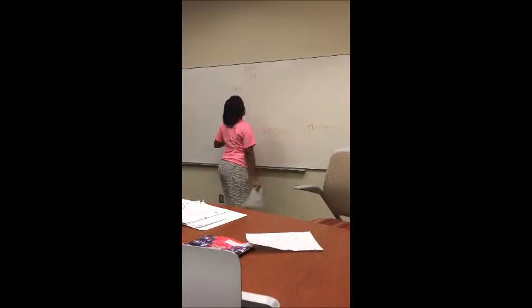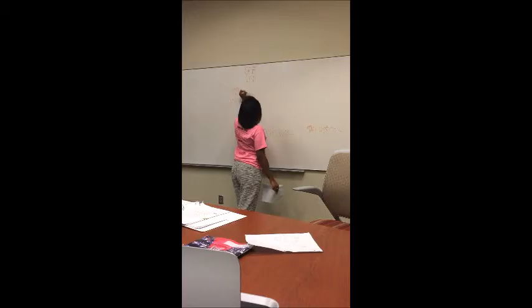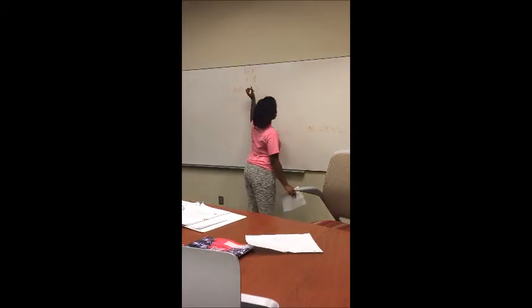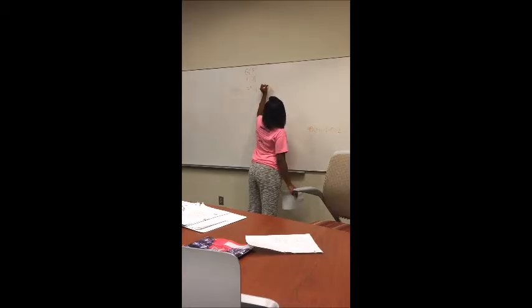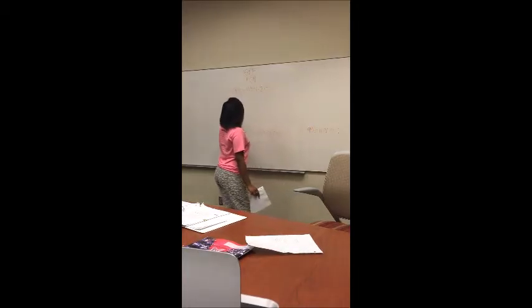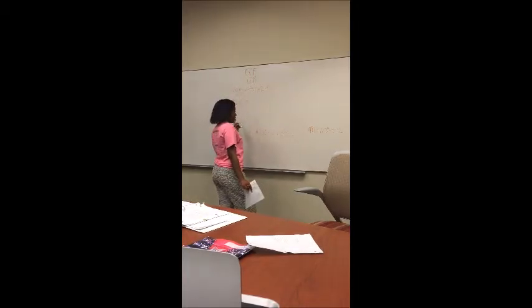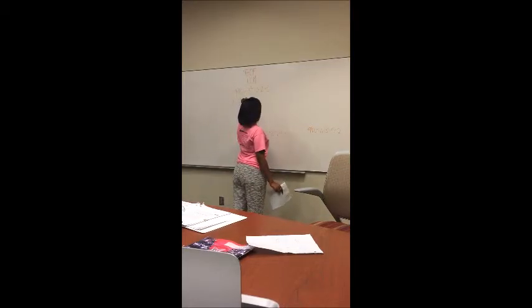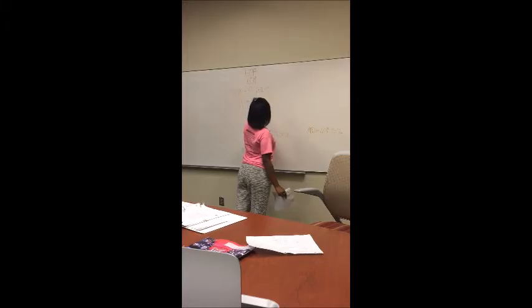So for 990, we have 3 squared times 11 times 2 times 5. And for 10,010, we have 13, 11, 7, 5, and 2.